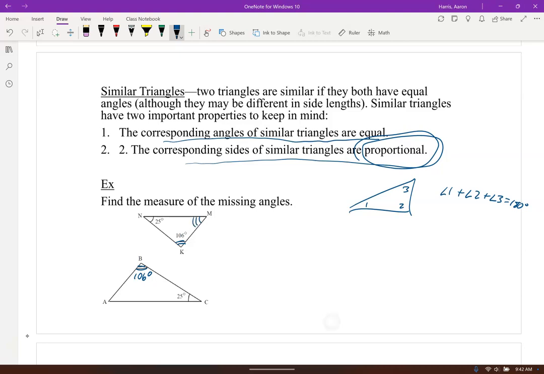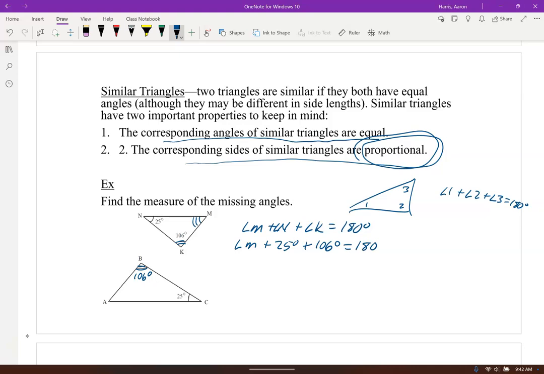Angle M, N, and angle K all add up to 180 degrees. Well, we don't know angle M, but we do know N is 25, K is 106.